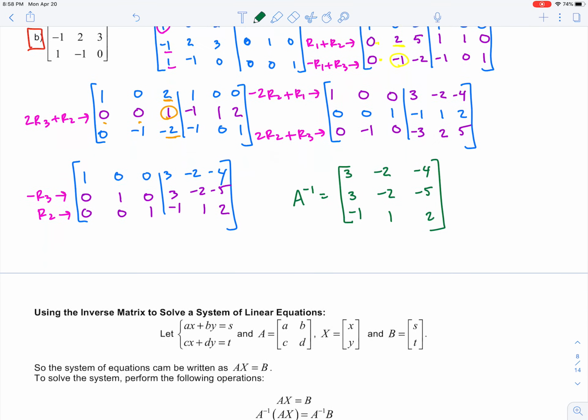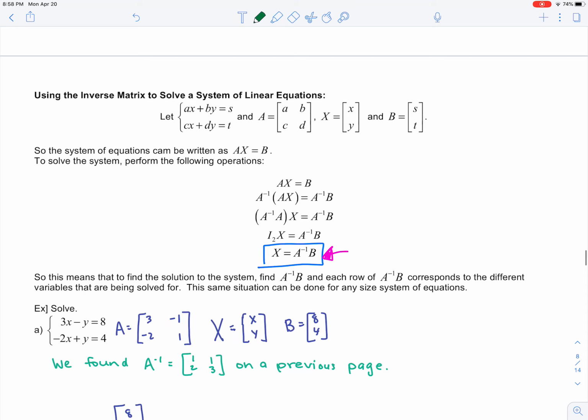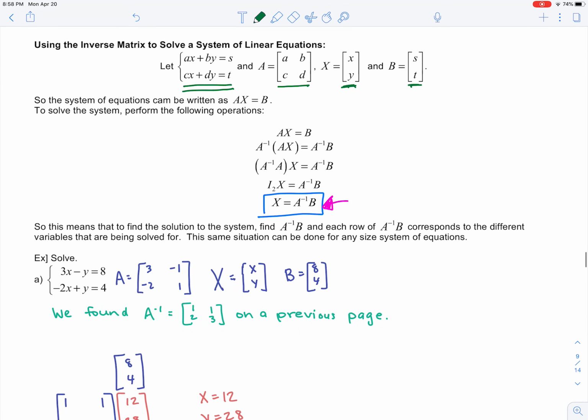So the next part of these notes is going to show us a way to use the inverse matrix to solve a system of equations. So let's say you had a system like this, where I underlined. You could make a matrix, a square matrix, out of the coefficients, a column matrix with the variables and the constants.